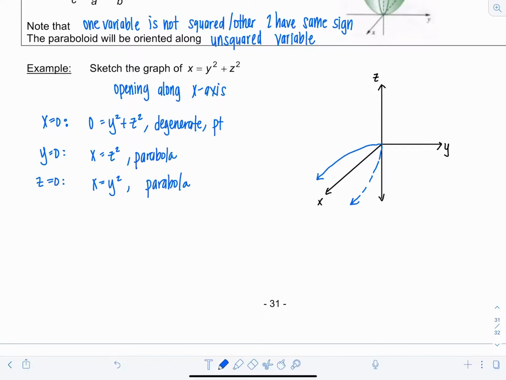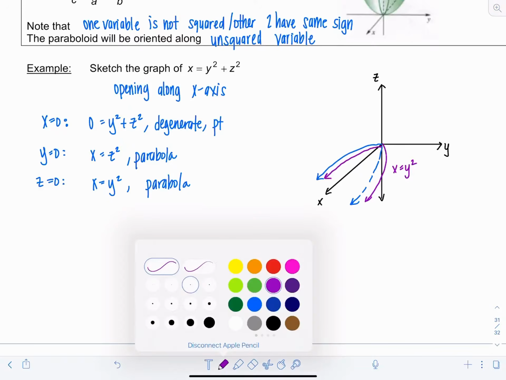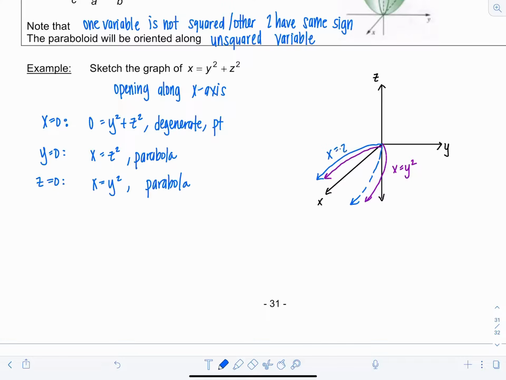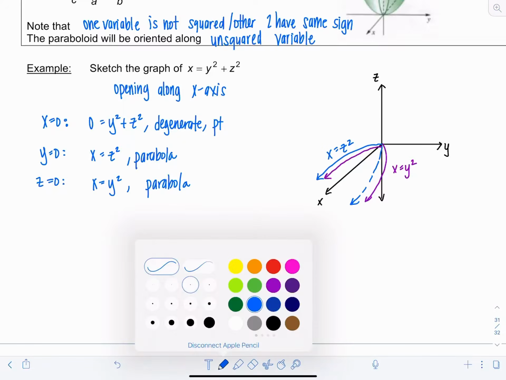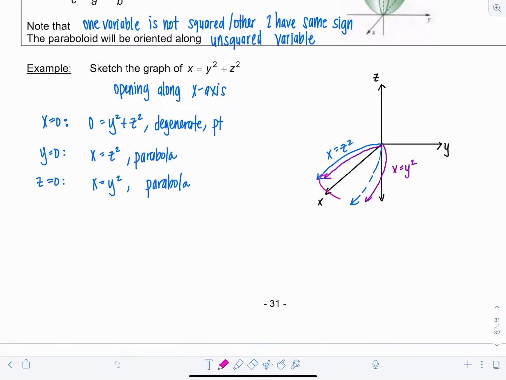So this is, again, a parabola opening up in the x direction in the xy plane. So this one's coming this way. This one's beneath it. Okay, so the purple one is x equals y squared. And then the light blue one is x equals z squared. And then if you want to connect them or do something to add some perspective, go ahead. The most important thing is to determine which axis it's oriented or opening up along. Okay, good. That one will come up very frequently.